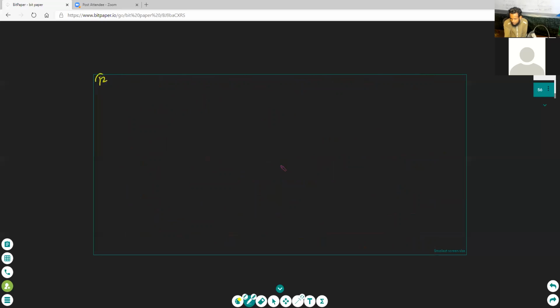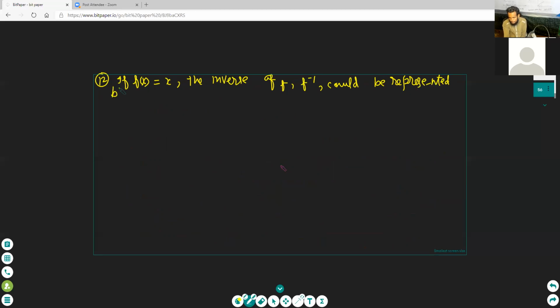Question number 12. If f of x is equal to x, the inverse of f and f inverse would be represented by, it is also easy.